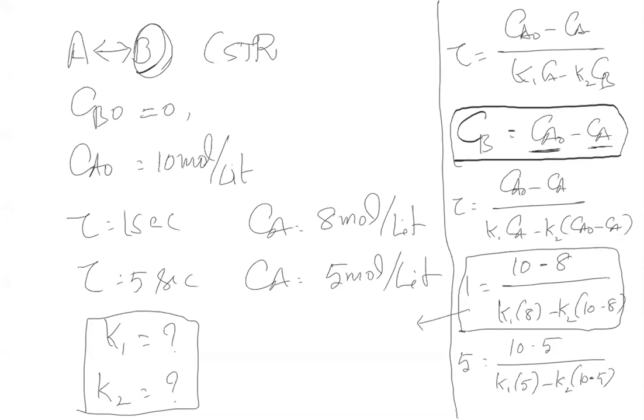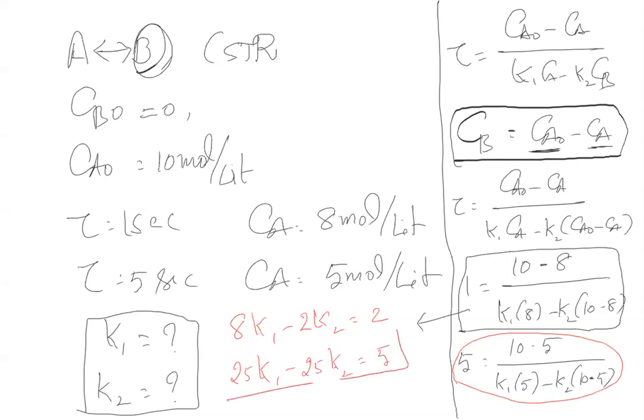What do you get? Solve K1 and K2. K1 is 4 by 15, K2 is 1 by 15.